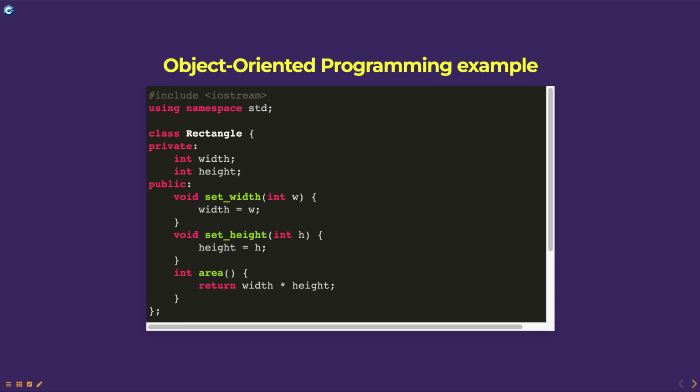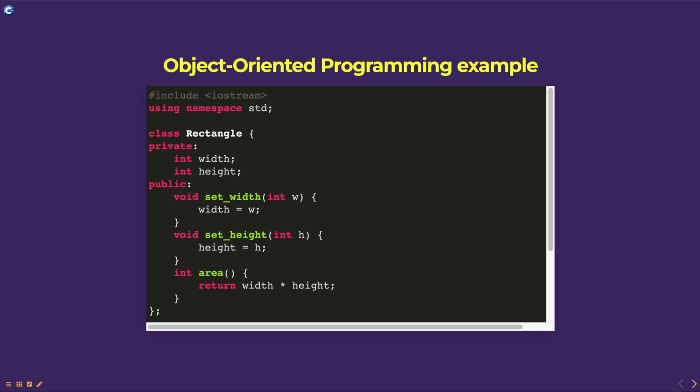The class has two private variables, width and height, and three public methods, set_width, set_height, and area. The set_width and set_height methods are used to set the width and height of a rectangle, and the area method returns the area of a rectangle.